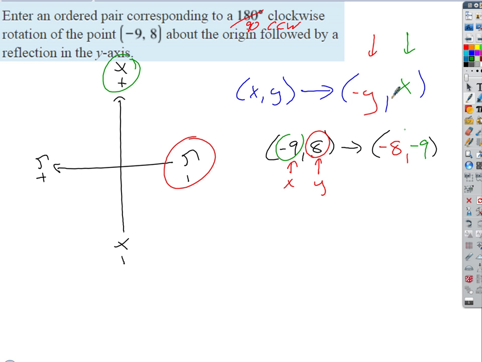I know that it says negative y, but it's in the x position, so there's a tendency to want to put the x coordinate there, but that's not what you're doing, right? You're taking whatever the original y value was before you did the rotation, and changing the sign, and that's what goes in the x slot. Okay, so just take your time on those. Be careful. It's easy to mess up on those.